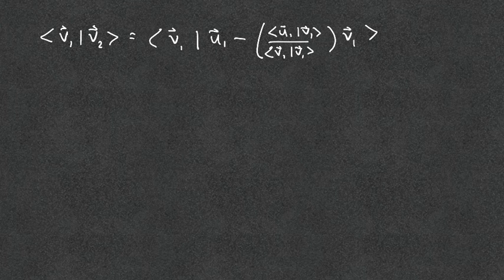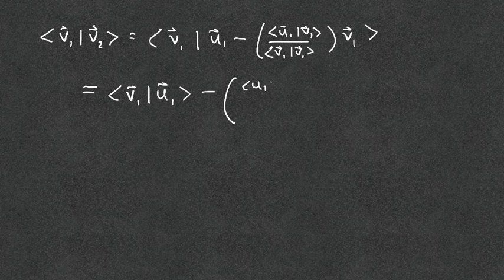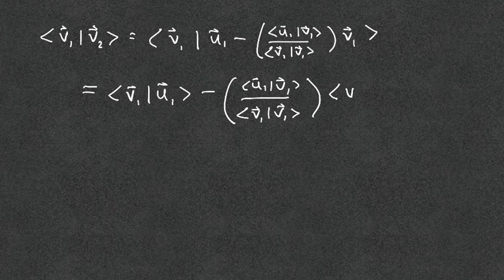So now if we again use our distributive properties for our inner products, then we have the inner product of v1 with u1 minus the inner product, so we can take that scalar multiple out. So we have u1 with v1 divided by the inner product of v1 with itself, times the inner product of v1 with v1. And so what happens there?